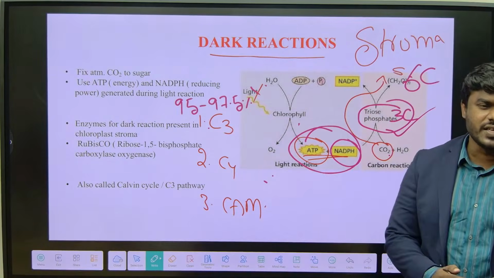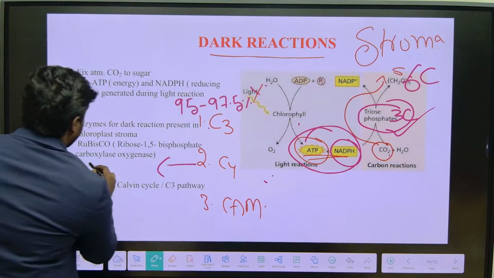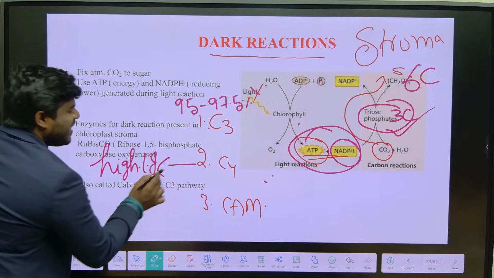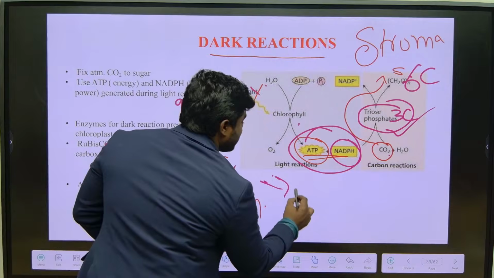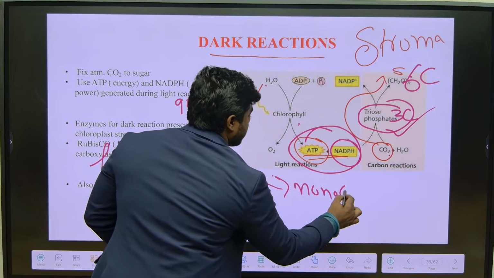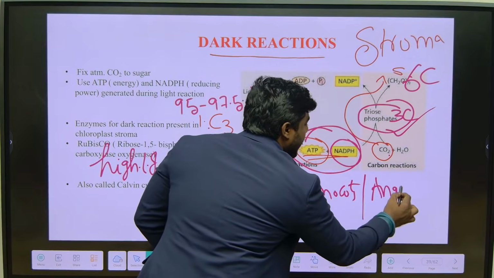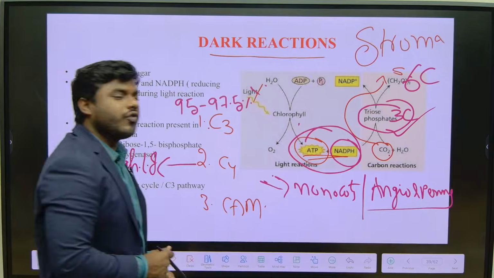Always remember it this way: C4 plants are the ones living at high light intensities, generally monocots. More than 18,000 angiosperms follow the C4 pathway.